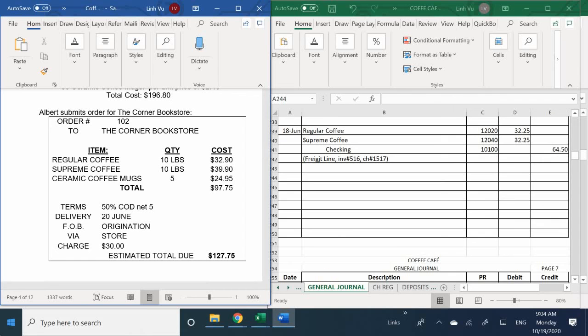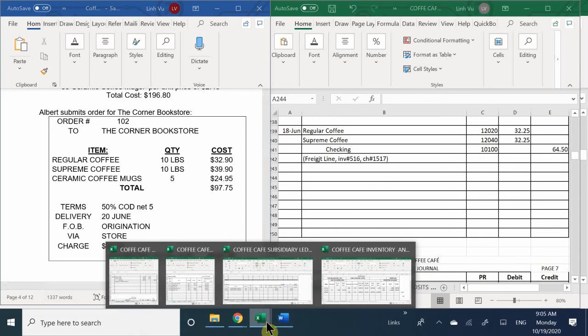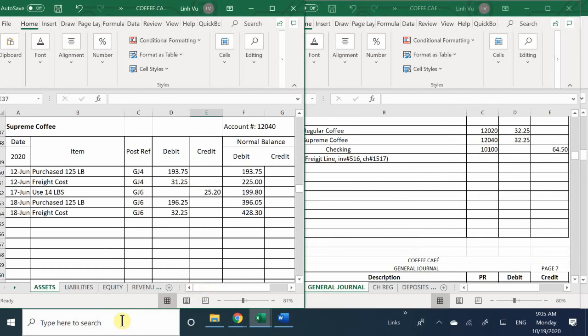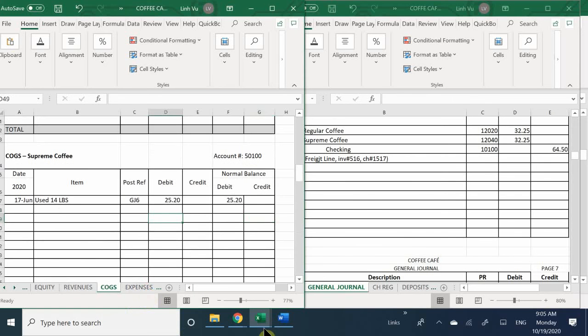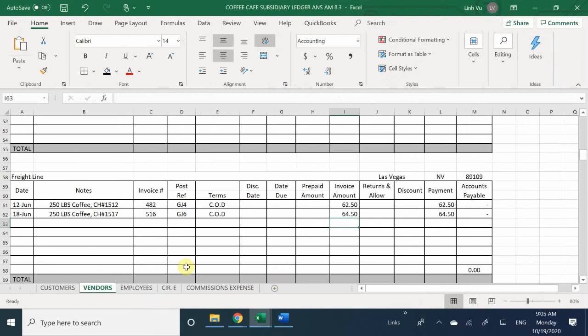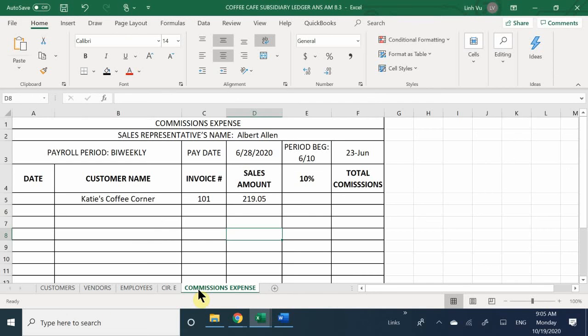So we're going to go to the employees or payroll sheet, under the subsidiary ledger, and go to the commissions. Not the general ledger, the commissions. There you go.